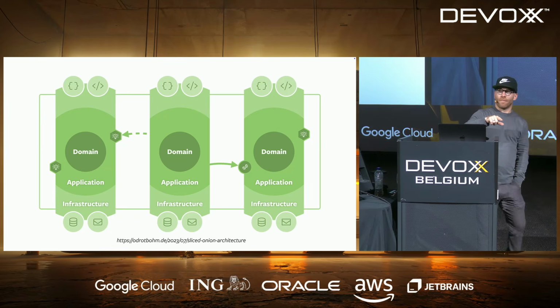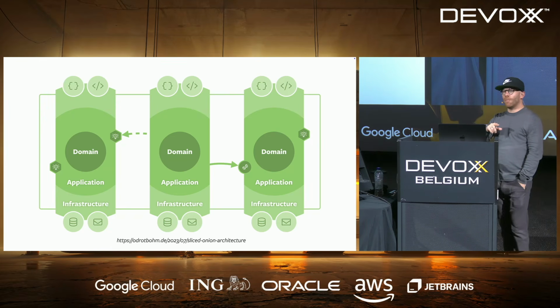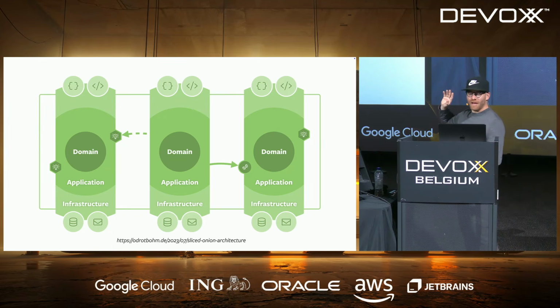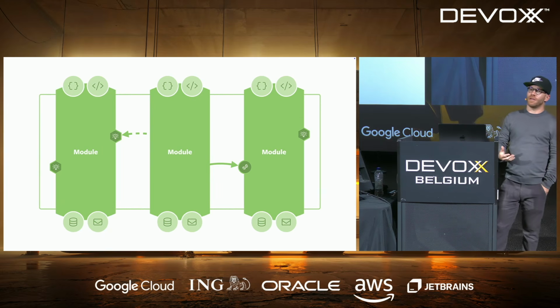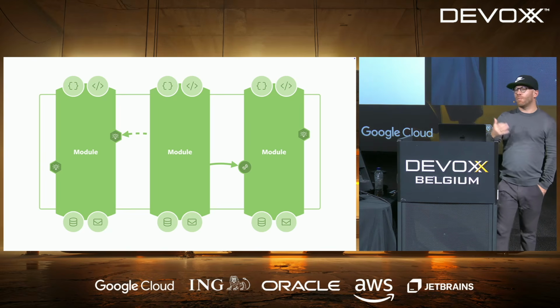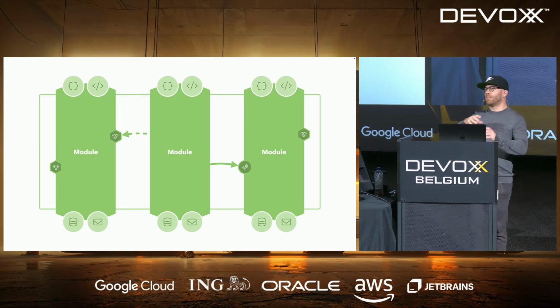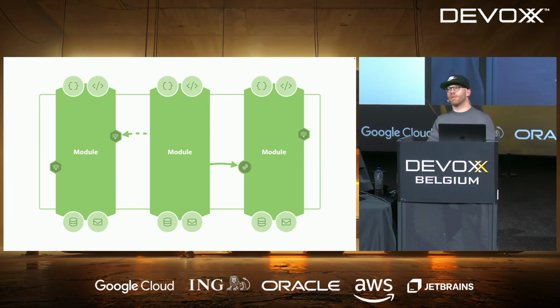Taking one step further, whether that's onions or whatever happens in there doesn't really matter, right? What we think of is we have individual modules in our application, meaning we have some way to put up some kind of boundary in our code base and allow us to design the surface of that boundary.